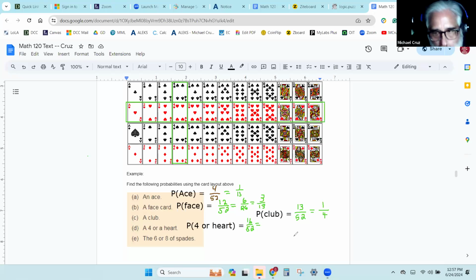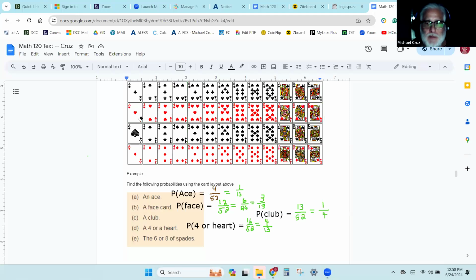So both divisible by 4. So 4/13. Because 16 is divisible by 4, and 52 is divisible by 4. So 4/13.